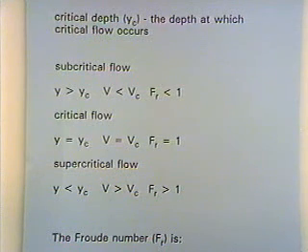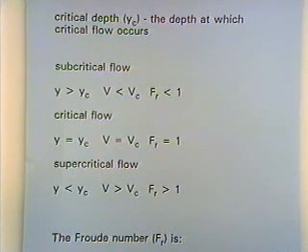Maybe if you get up into Colorado and the Rocky Mountains where there are very steep, fast-flowing streams, you may have some naturally flowing supercritical flow. But in man-made structures like the chute of a spillway and a lot of concrete hydraulic structures, you'll deal with supercritical flow. In subcritical flow, the water is flowing deep and slow, and the Froude number is less than 1. Then critical flow, by definition, has the critical depth, the critical velocity, and the Froude number equal to 1.